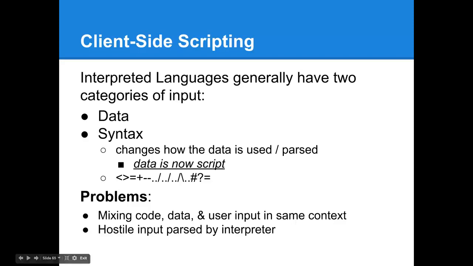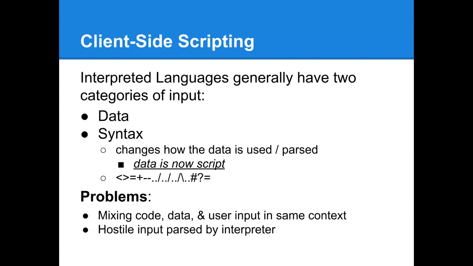Now, interpreted languages typically have two categories of input. This is going up to a higher level, talking about this in abstract form. Data and syntax. These two categories dictate how interpreted languages parse their inputs. Syntax typically changes how the data is parsed.